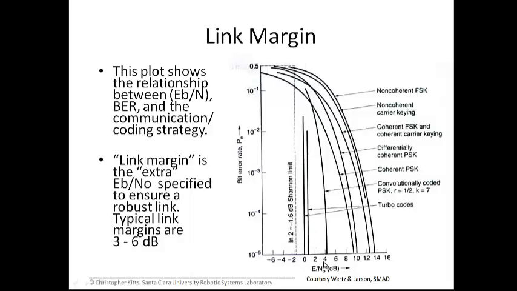So that means that I don't need to have as good a communication link. I need only 4 dB compared to the 10 dB, but I have to use a convolutionally encoded phase shift keying system, which is more complicated and more expensive, but higher performance. So I have a trade-off. I can use a less sophisticated system and just have a more powerful signal noise ratio, or a more sophisticated system and a less powerful signal noise ratio.